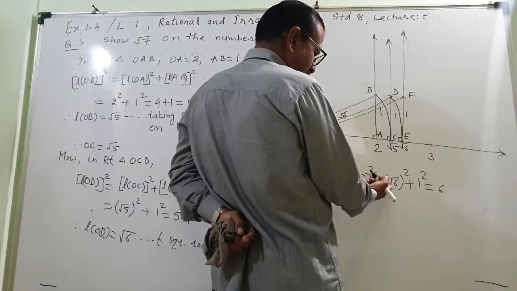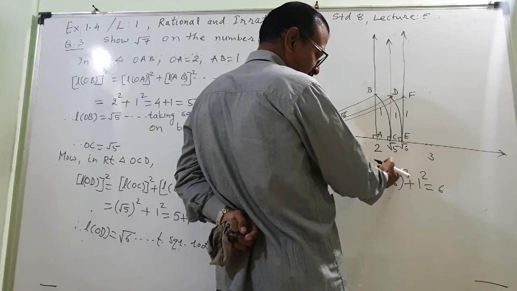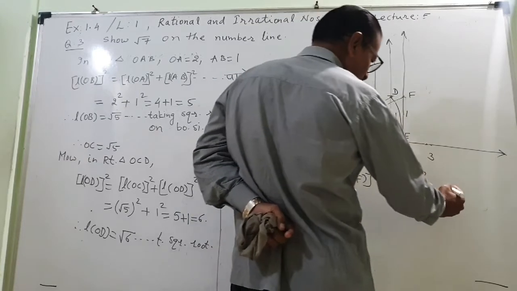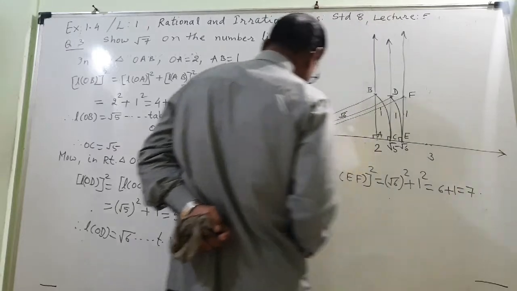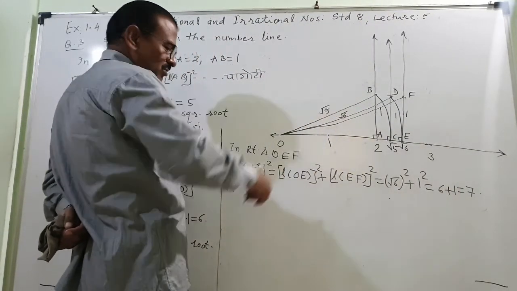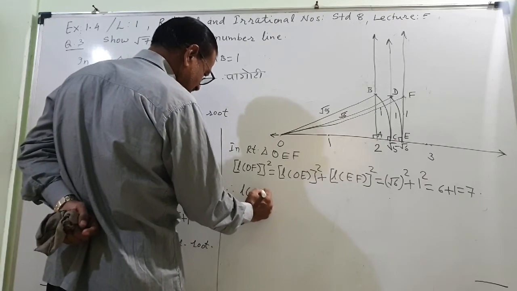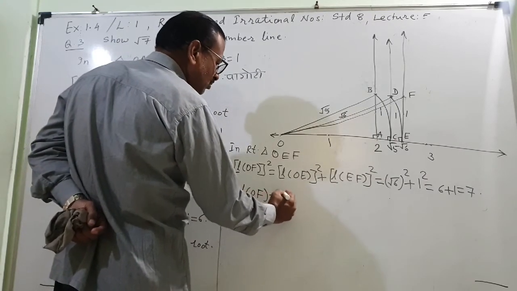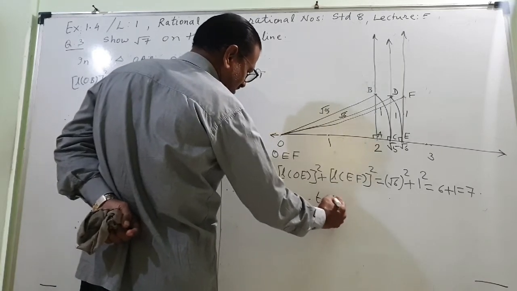Always remember this: root its square, root cancels. That is 6 plus 1 equal to 7. Therefore OF square is equal to 7. So length OF is equal to root 7, taking square root.